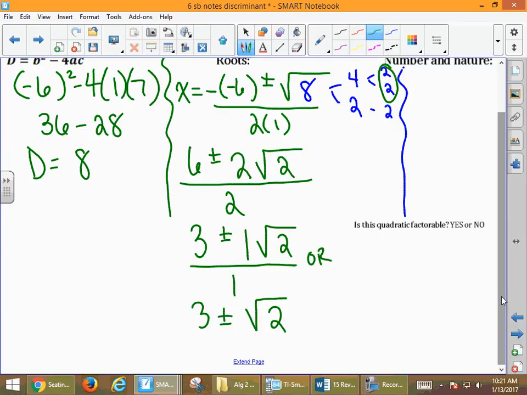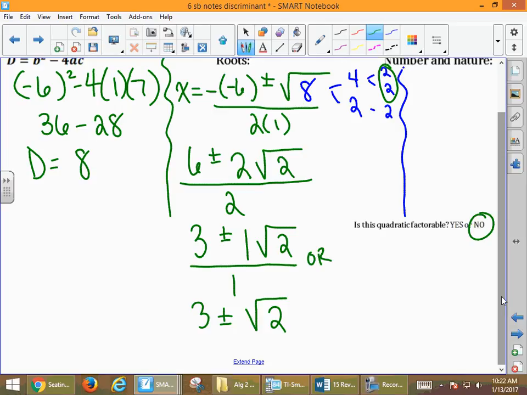Is this quadratic factorable when our discriminant is not a perfect square? No. Why not? Because there's still a square root in the answer. That's why not. So no, it's not factorable.